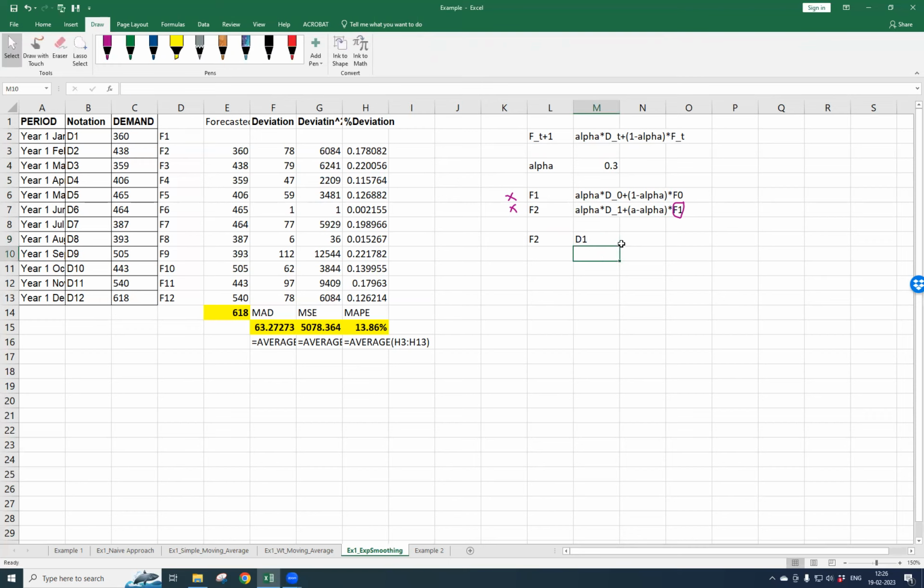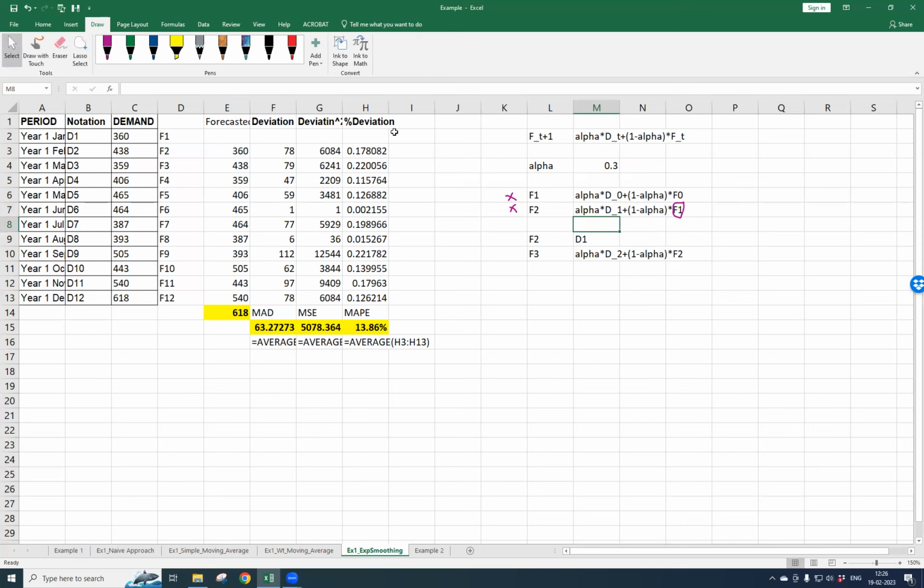If we assume F2 to be equal to D1, then going forward, F3 just becomes alpha times D2 plus 1 minus alpha times F2. Please note that we have D2, and we also have F2, which is calculated from D1 over here. That takes care of this. So we'll go with this particular logic.